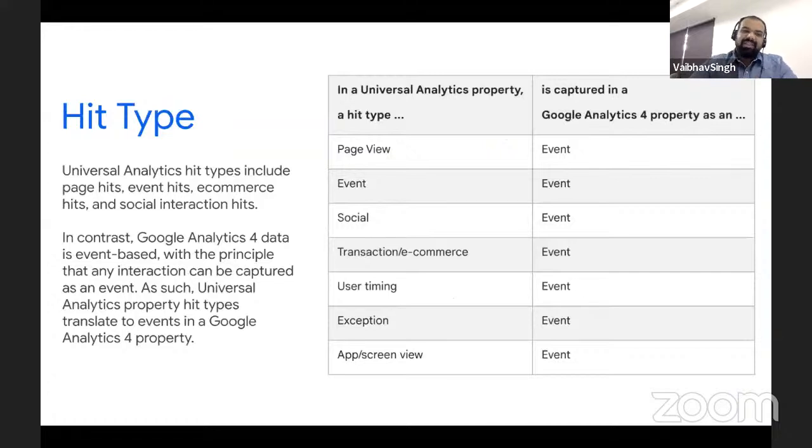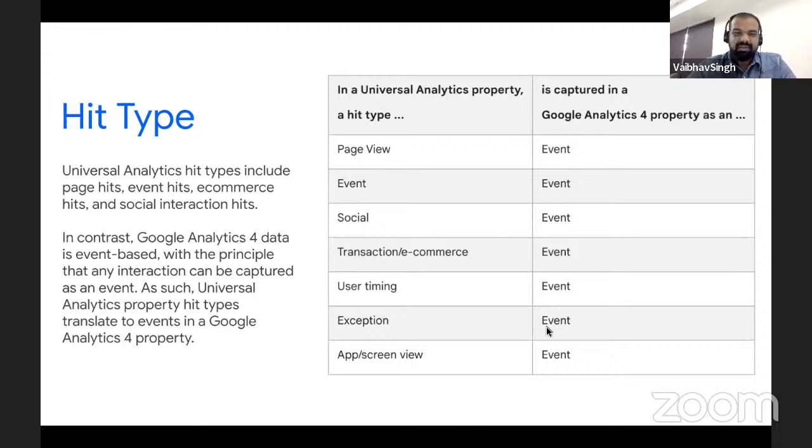A big difference between UA and GA4 is the type of data capturing. As you can see on the right-hand side of the screen, there's a table. Earlier we used to measure different variables.